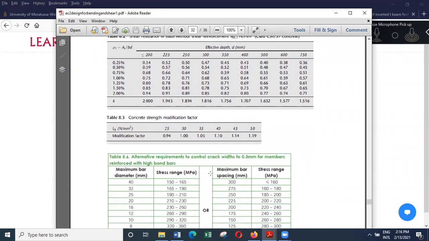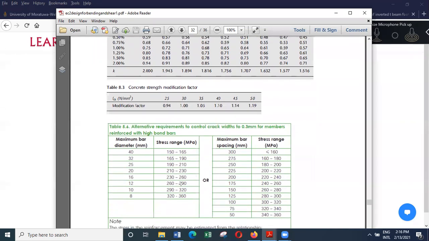So in addition to that, when you have a reinforced concrete member, you have to provide the minimum reinforcement. In addition to that, you have to check the stress under permanent loads, and based on that, you can work out the maximum diameter of the bar needed or the maximum spacing that can be allowed.